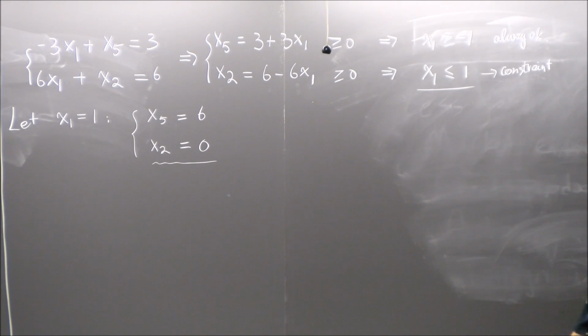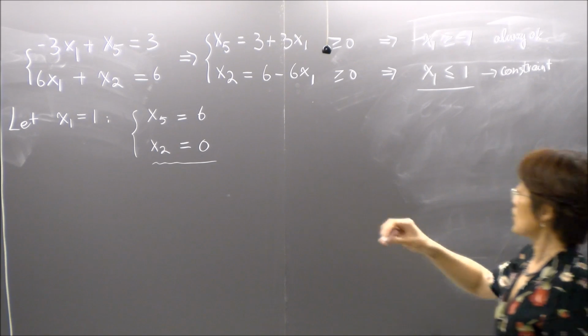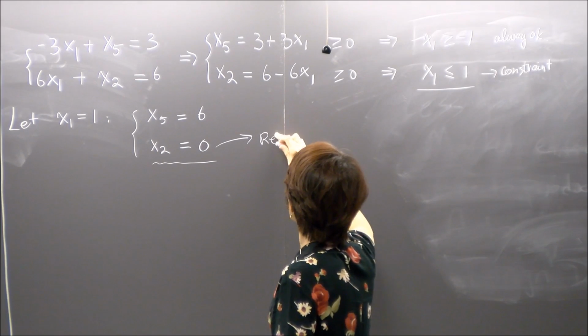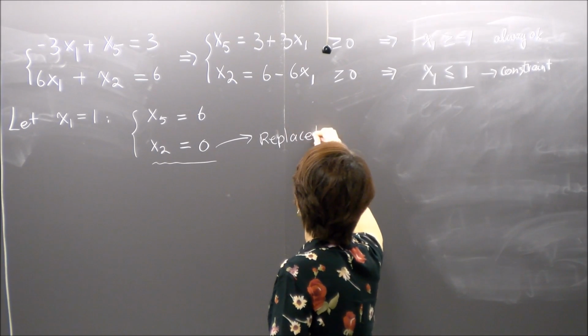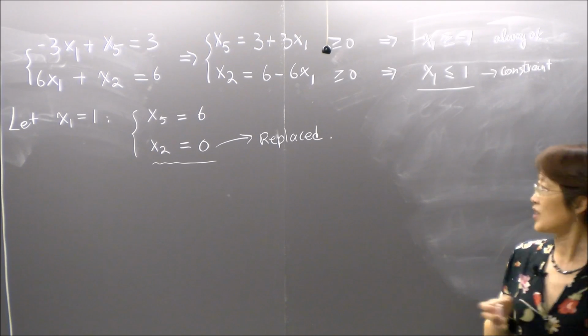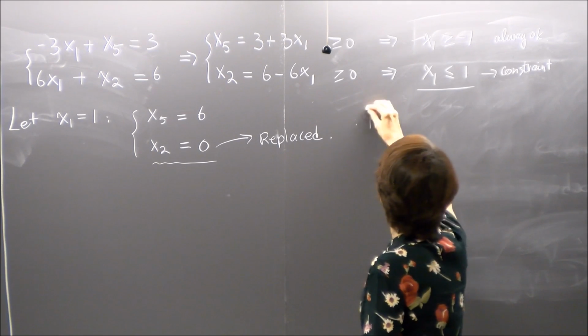Is that right? So we see that by setting x1 to be strictly positive, I make x2 become 0. So the non-basic variables are set to be 0 in the basic solution, right? So this is suggesting that this guy shall be replaced. This shall become a non-basic variable. Is that clear? So now your basic variable is the following.